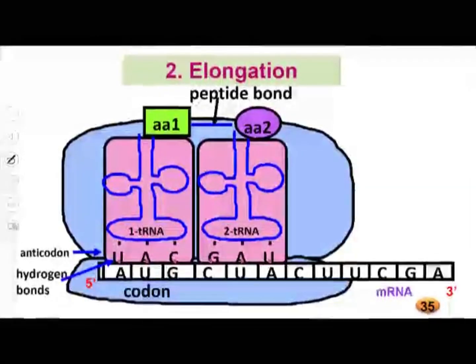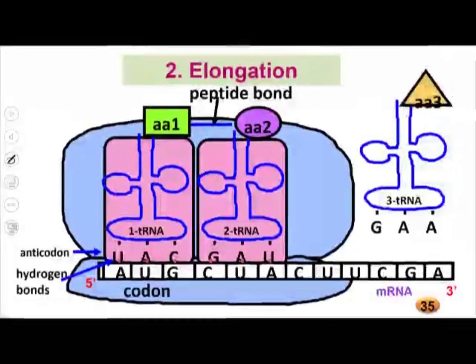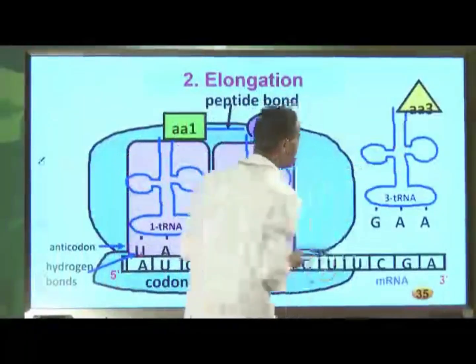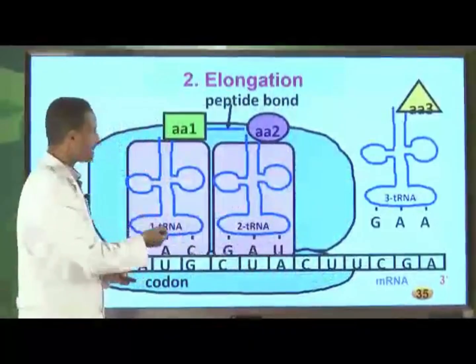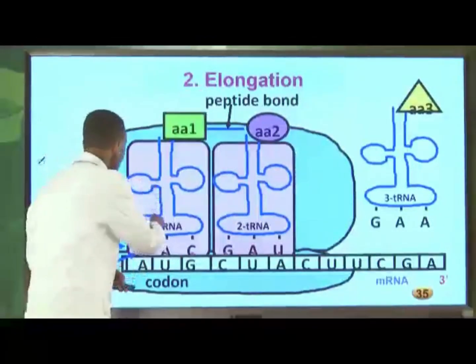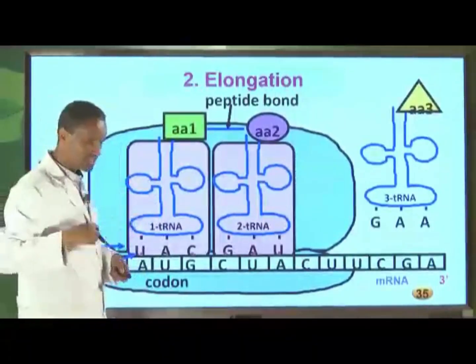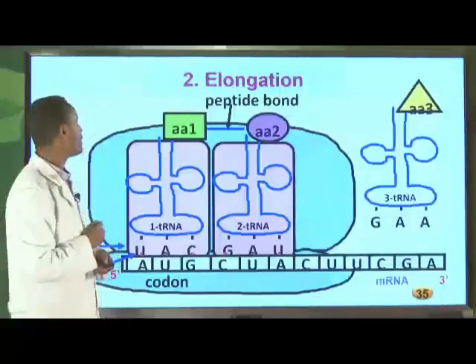Then the third transfer RNA will come. It brings the third amino acid, and when the third transfer RNA enters the ribosome, the first transfer RNA leaves the ribosome and becomes ready for another turn to bring another amino acid.